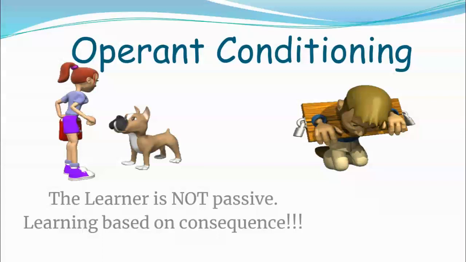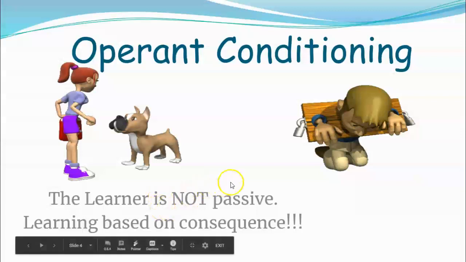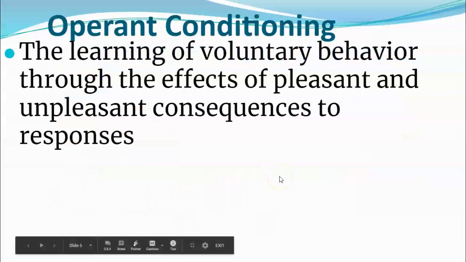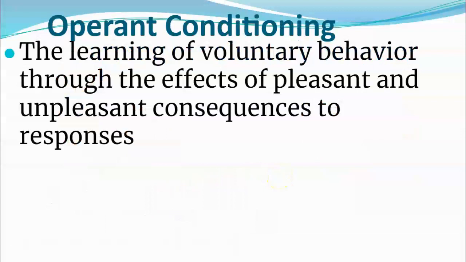But in operant conditioning, the learner is making a choice because it's based on consequence. It might be a reward, it might be a punishment. And so that is what operant conditioning is. Let's get the real definition though. The learning of voluntary behavior through the effect of pleasant and unpleasant consequences to responses.